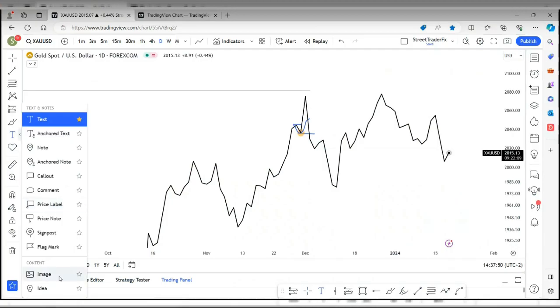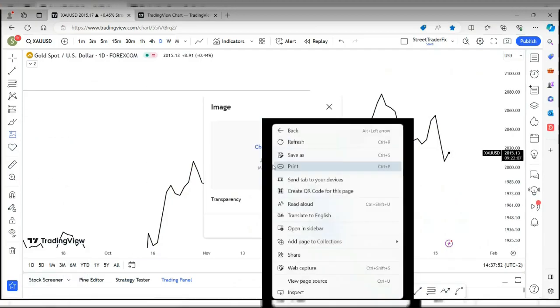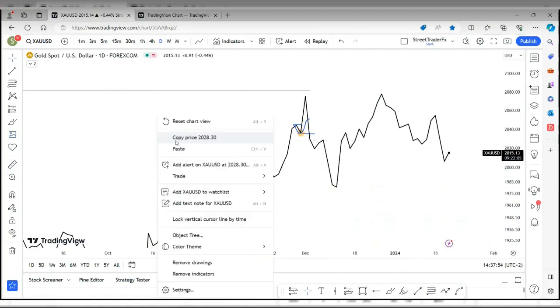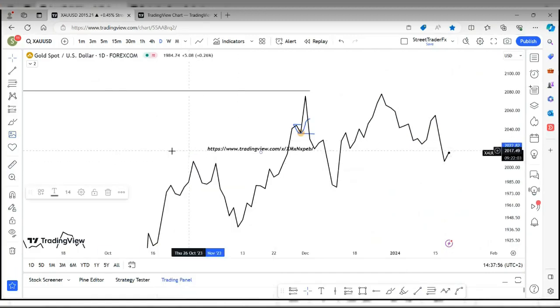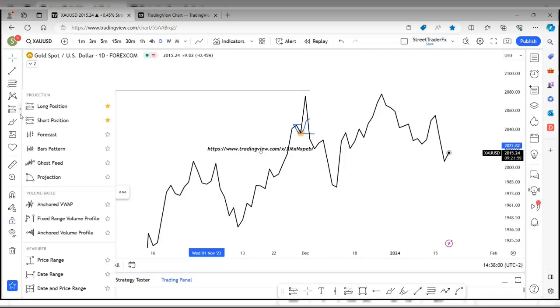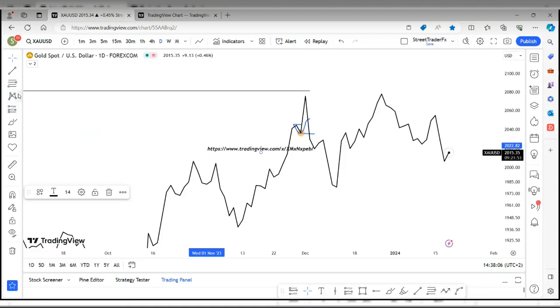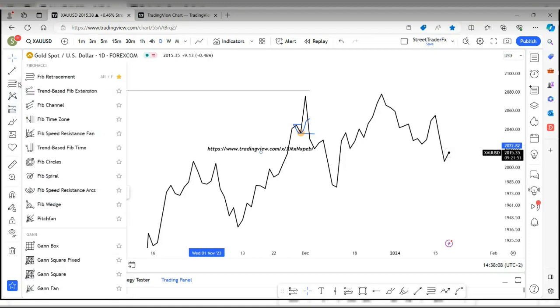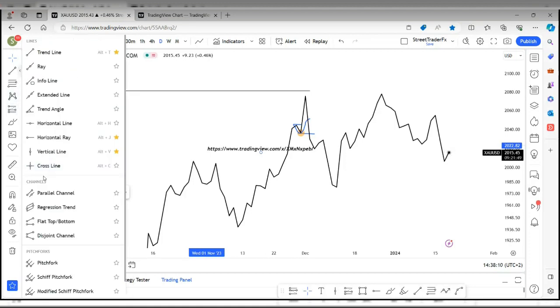Image. How do I post my charts here, man? I want to post it via link, or is it only the one where it uses Twitter? Oh man, don't you guys know how to add that?